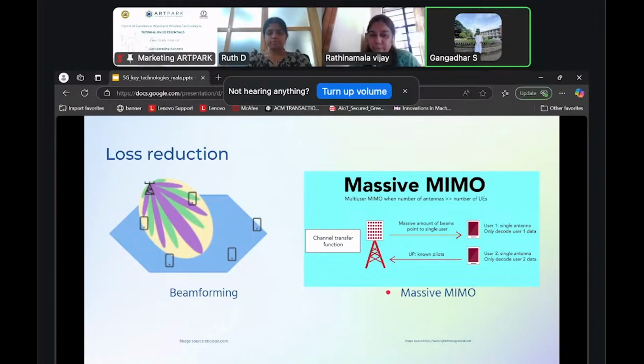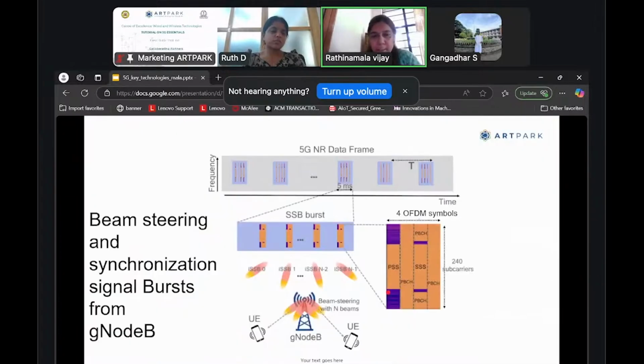Ma'am, if the beam fails because of an obstacle or UE mobility, is there any method to know for what reason the beam failed? As I mentioned, you have SSB 0 to SSB n minus 1, and these are all for a particular angle.